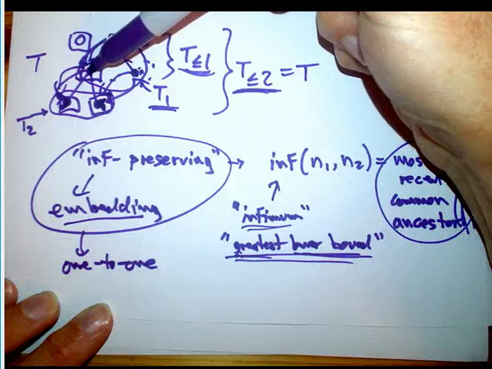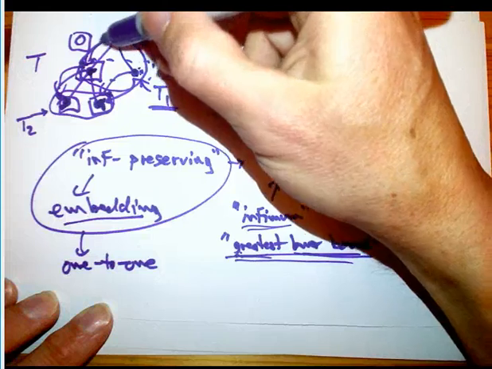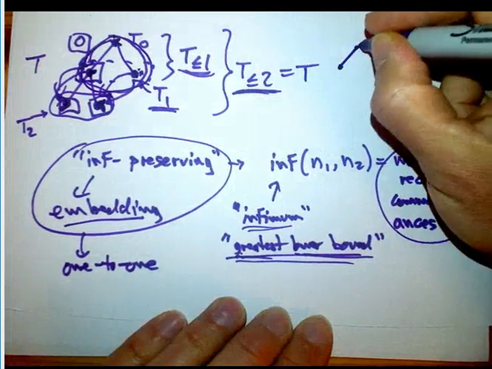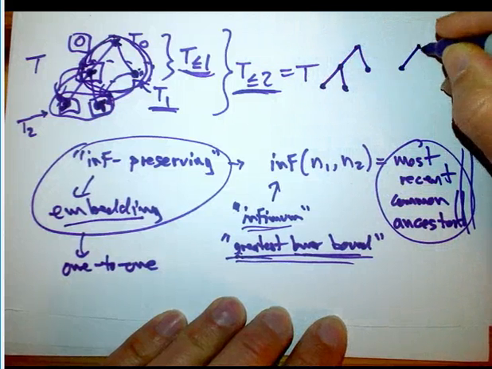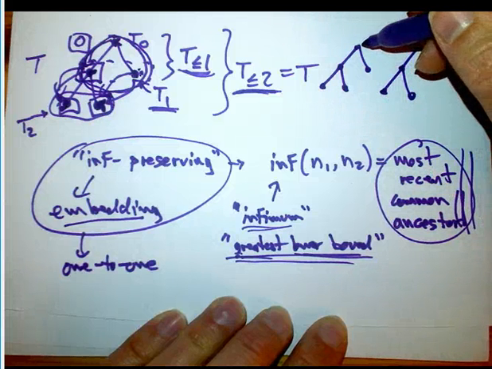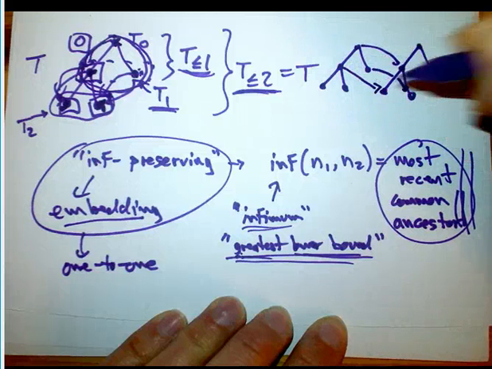So what does inf-preserving mean? It means that for any two things in the input, that's these three things in this guy. Let me show you a better picture here. Sometimes it's helpful to draw two copies of this thing. It's getting really busy with my marker here. So I'm mapping this to this over to here, and this to here.